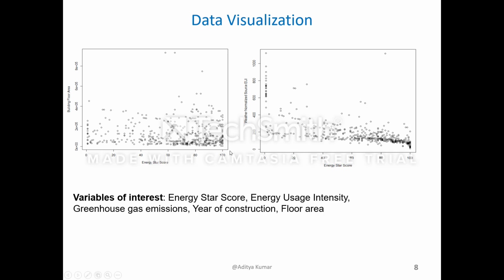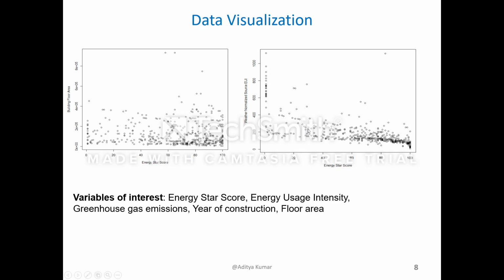Here is a sample data visualization for two parameters as a function of the energy star score. The first one is the building floor area. We do not see a very clear relationship between building floor area and the energy star score. But the second one is the weather normalized source energy usage intensity, which is the use of energy per unit area normalized for the weather, so extreme weather will not change this parameter.